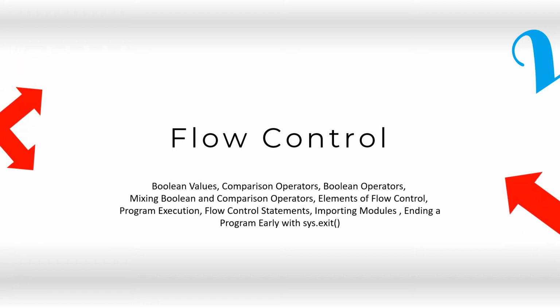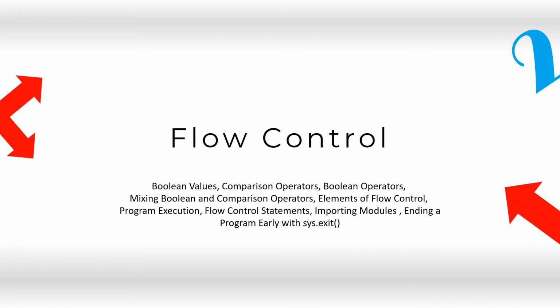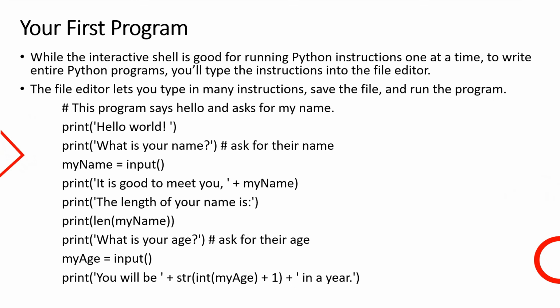So flow control means, actually, the program that you have seen in the previous slide is executed line by line. First it will process this, but it will not be displayed on the screen. Then it will process this. In your program there will be some kind of branching, right?